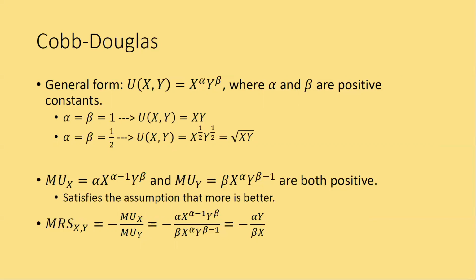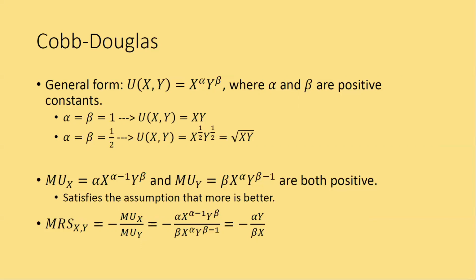And lastly, we can also derive the marginal rate of substitution of x for y. We derived the equation that we can use to calculate this, which is the negative of the ratio of the marginal utility of x to the marginal utility of y. If we substitute the expressions into it, we find that the marginal rate of substitution of x for y for a Cobb-Douglas utility function is negative alpha times y divided by beta times x.